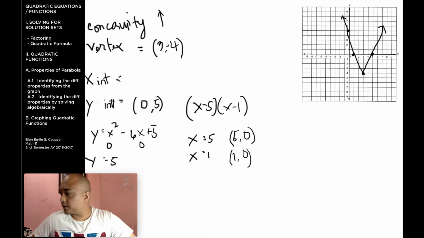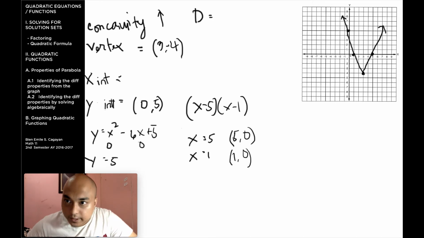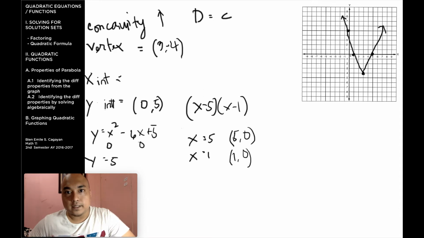Now we look for the domain, or all possible values of x. When we look at this graph, it extends infinitely, so we can assume that the domain is all real numbers. The range, however, is much different.